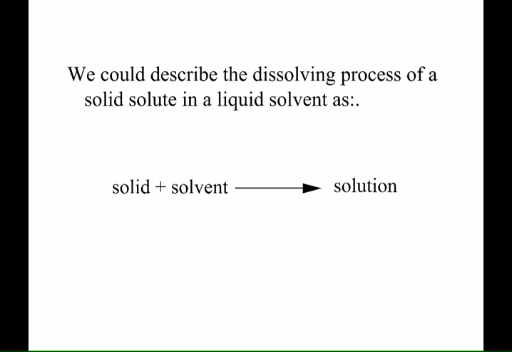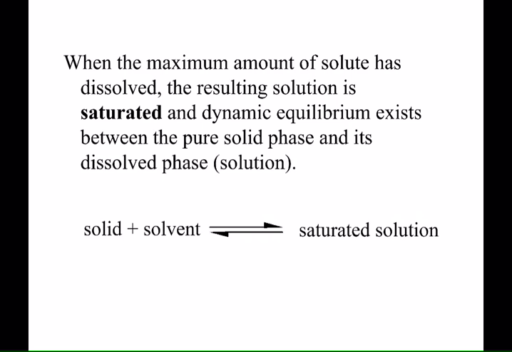Here we're going to use a chemical equation approach, from left to right. You start with the individual solid solute and liquid solvent on the left, and you mix them, and what you get is a solution on the product side. What do the two-way arrows mean?